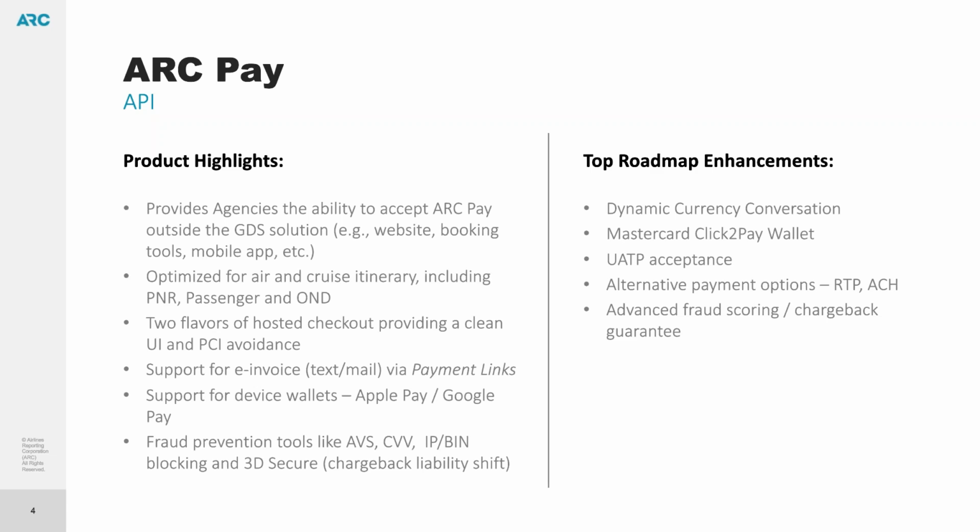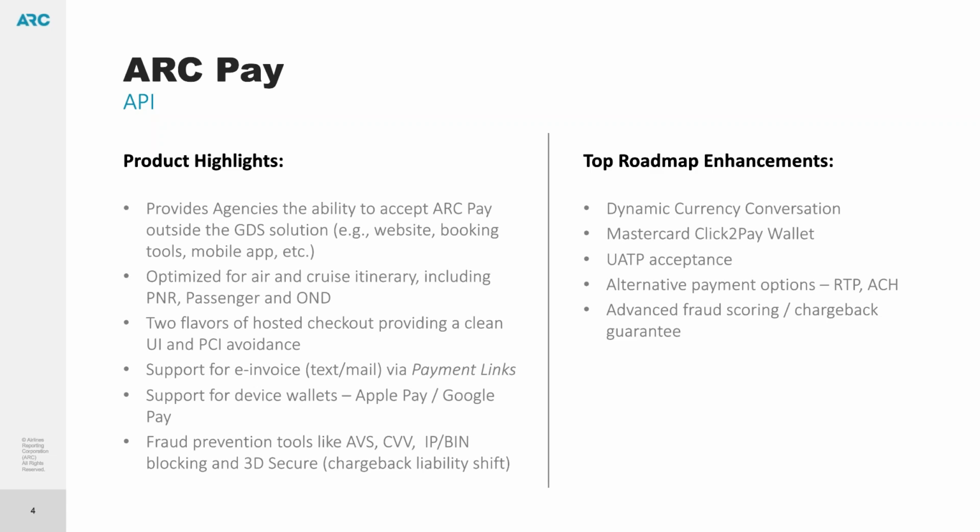A few items that we have coming on the roadmap are Click to Pay, which is MasterCard's wallet, formerly called MasterPass. We are working with UATP to accept their credit cards as well through the API. Of course, this is available in the GDS world. Other alternative forms of payment that we're working on are real-time payments and, of course, ACH.